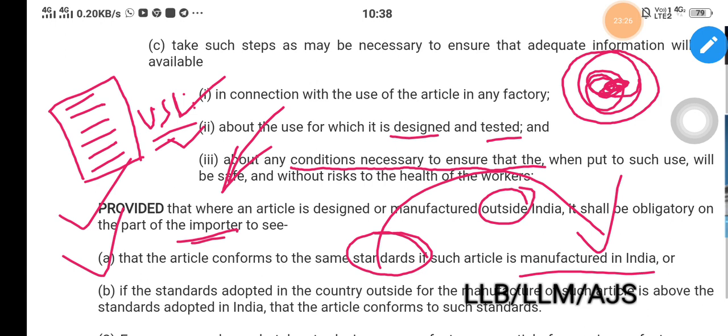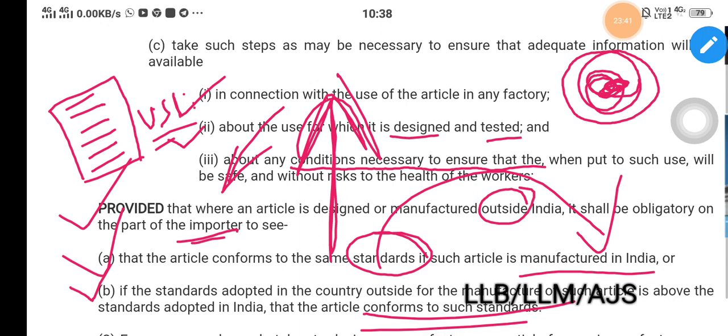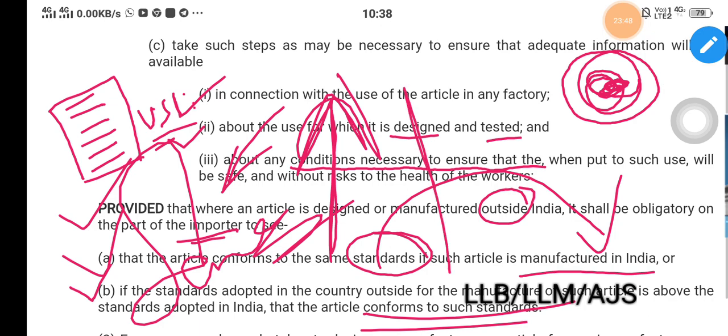And B. If the standards adopted in the country outside for the manufacture of such article are above the standards adopted in India, the article conforms to such standard. So it must be of the same standard as manufactured in India, or it may be above such standard as well.